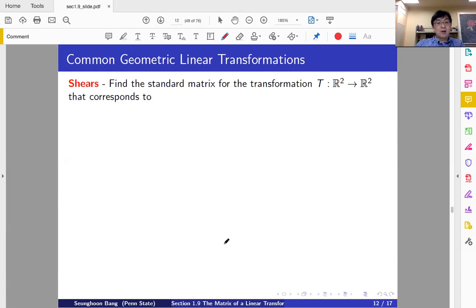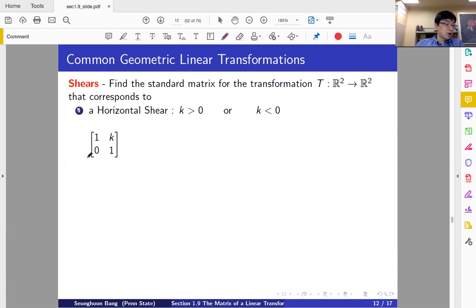Shears. Find the standard matrix for the transformation T from R2 to R2 that corresponds to horizontal shear, K greater than 0 and K less than 0. So what happens? You can do shear like this.